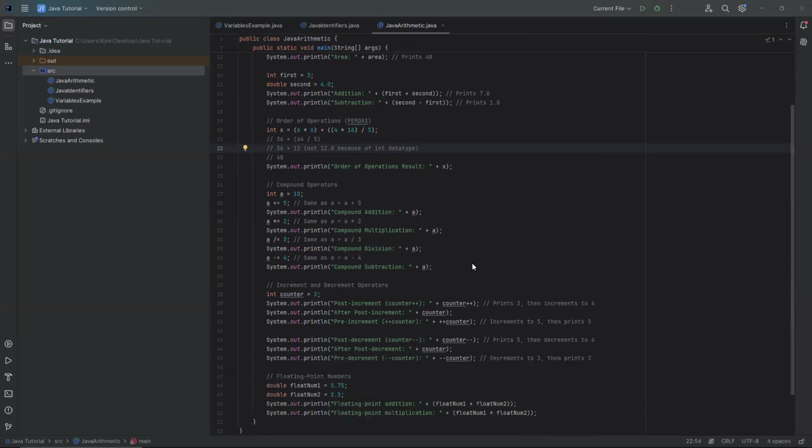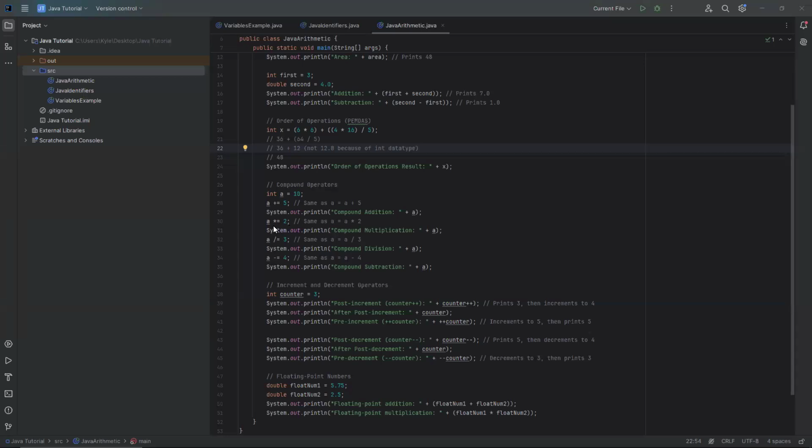Next, let's talk about compound operators. Simply put, it's an expansion of the plus, asterisk, slash, and minus signs. So a plus equals 5 is equal to a equals a plus 5. Again, it's shorthand, a shorter way to do it.